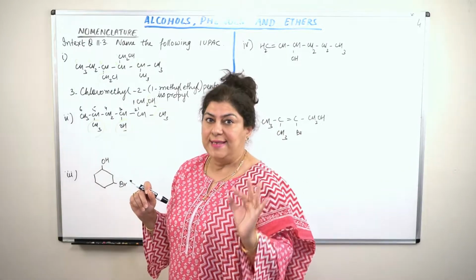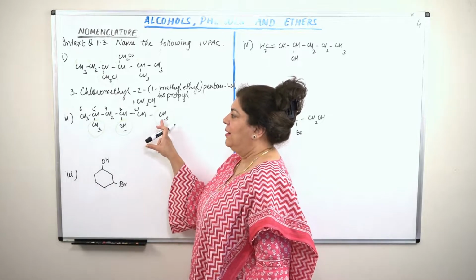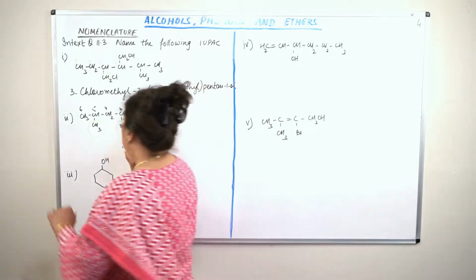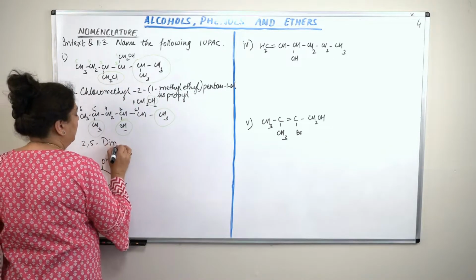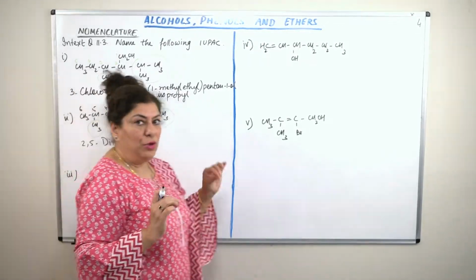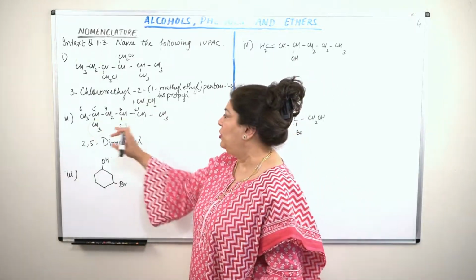This compound is hexane-1,3-diol, but it has a methyl group on the second carbon and a methyl group on the 5th carbon. So we'll write 2,5-dimethyl. There are 2 methyl groups, so we'll write the locants for both the methyl groups. There is no need of choosing the alphabetical order because both are methyl groups.